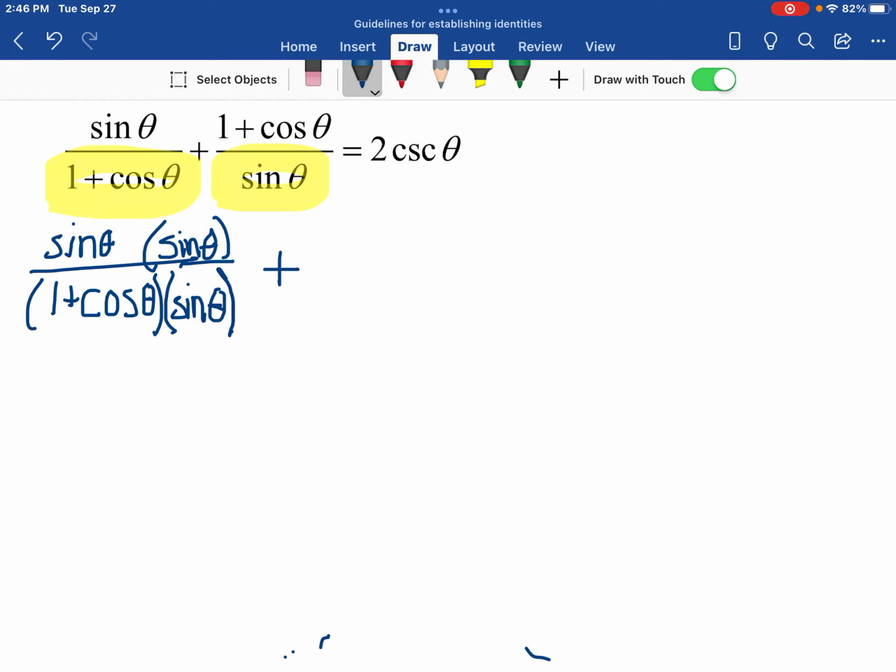And then for the next fraction, I do the same thing. Our common denominator is 1 plus cosine theta, sine theta. And here I've got a numerator of 1 plus cosine theta.